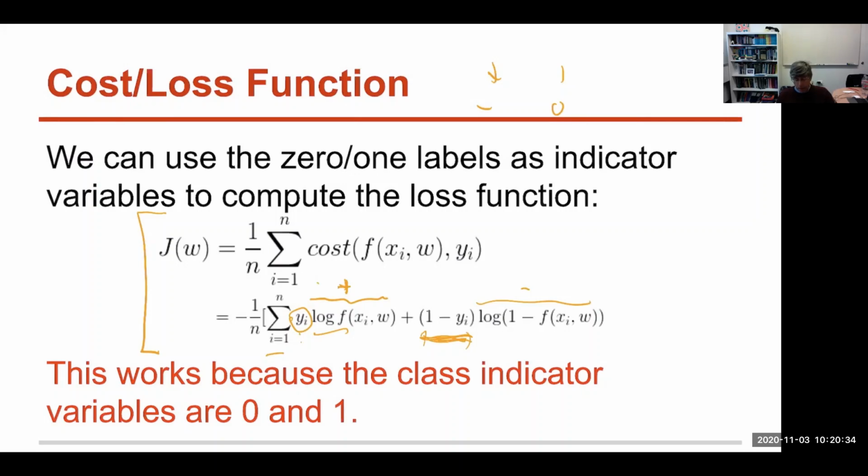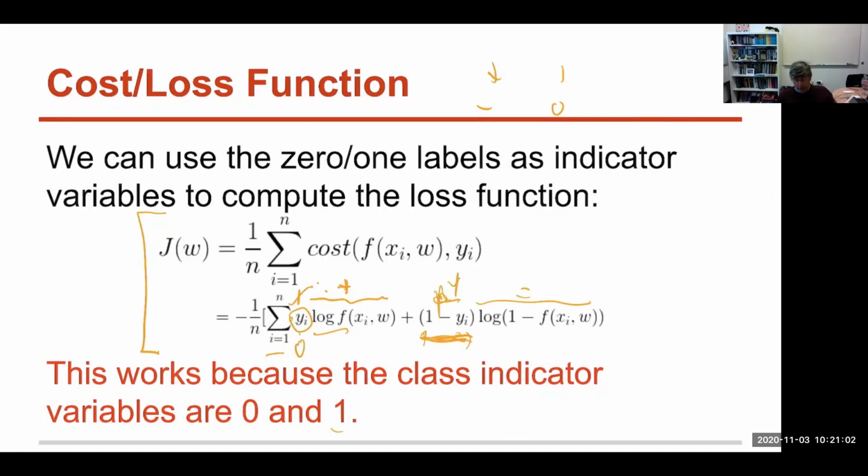If we multiply yi times the positive penalty, plus 1 minus yi times the negative penalty, then if yi is positive, this becomes 1 and this becomes 0. If yi is negative, this becomes 0 and this becomes 1.